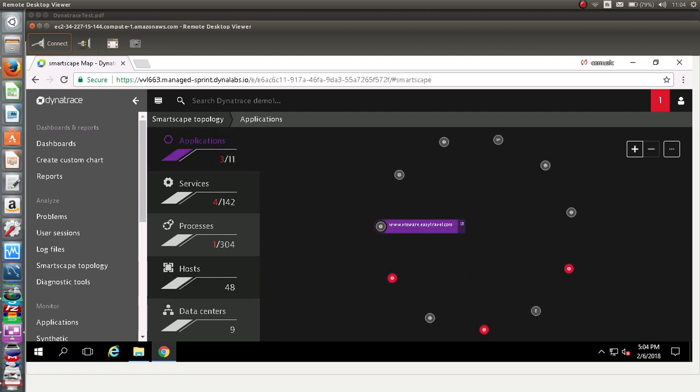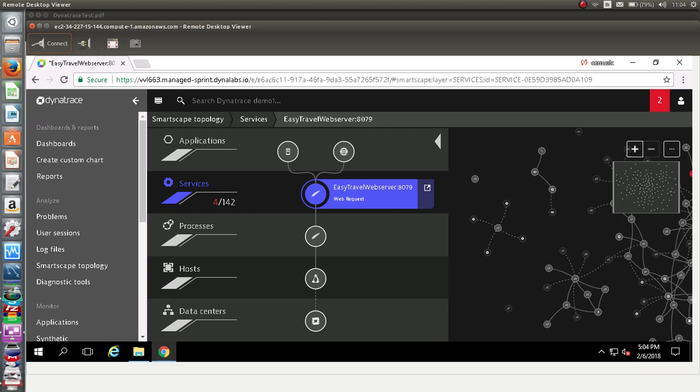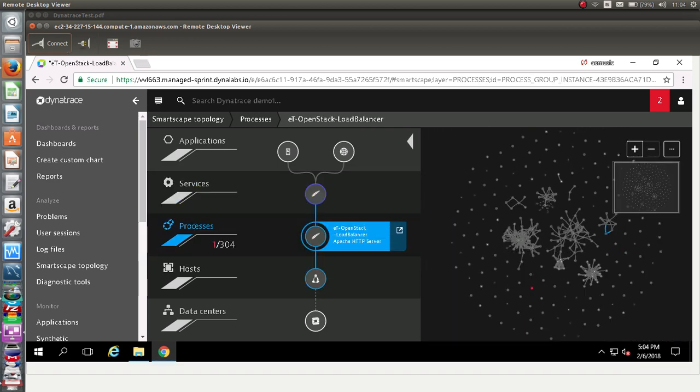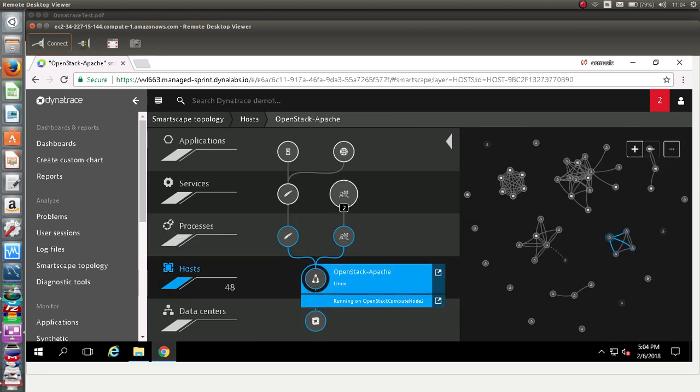So we go down again with the processes. Then we go down to the hosts. And here we have that the processes of the application that we are working with are running on the OpenStack Apache.